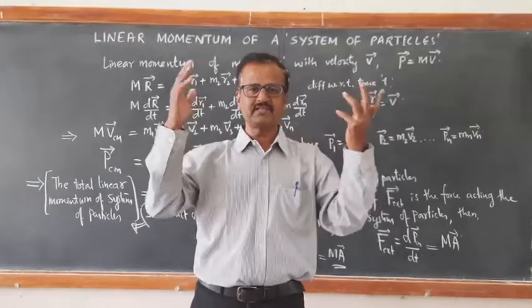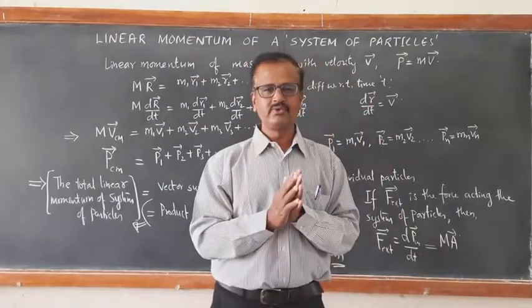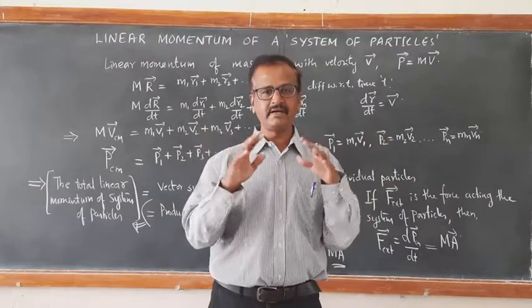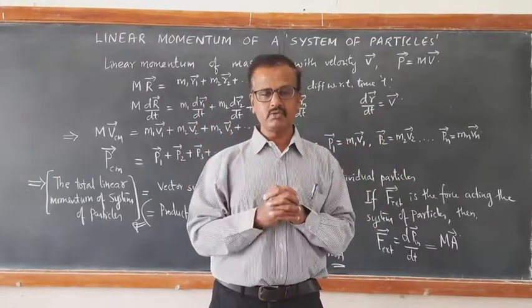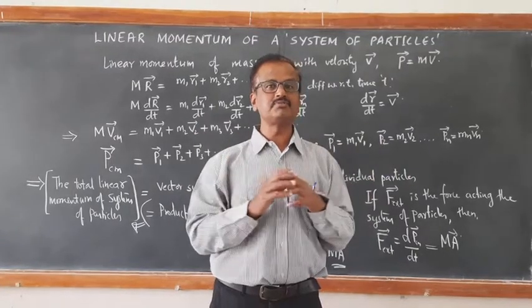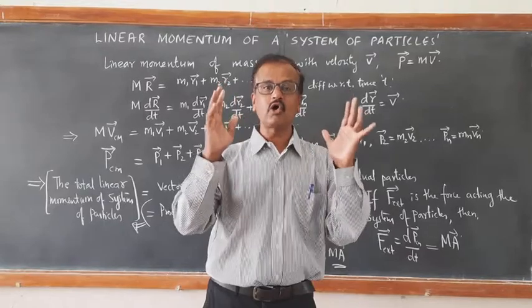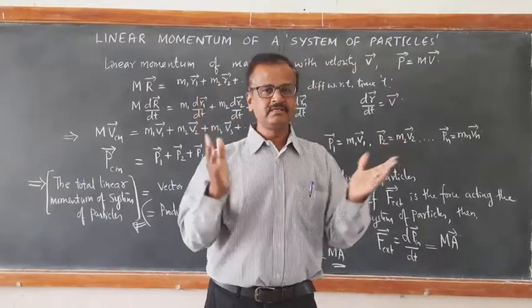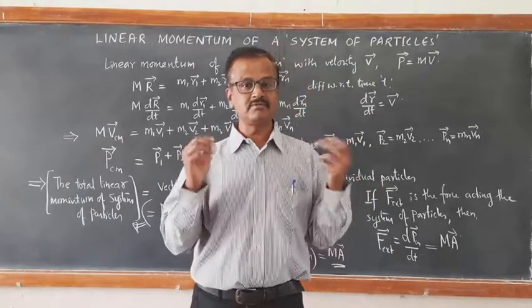If F external becomes 0, then dP by dt becomes 0. dP by dt, rate of change of total momentum of the system, is 0. Means it does not change with respect to time. Then total momentum of the system remains constant. This is nothing but the conservation of linear momentum of system of particles.